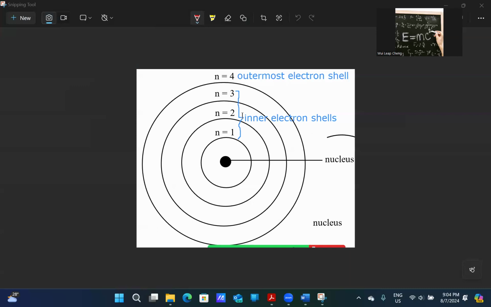How much they repel each other depends on how many inner electron shells can be found in that particular atom. If the number of inner electrons is greater, then the repulsive force on the outermost electron shell will be greater. Please take note, okay?